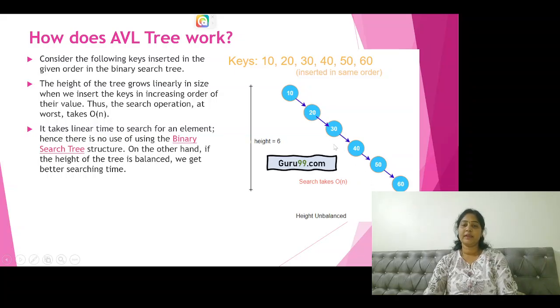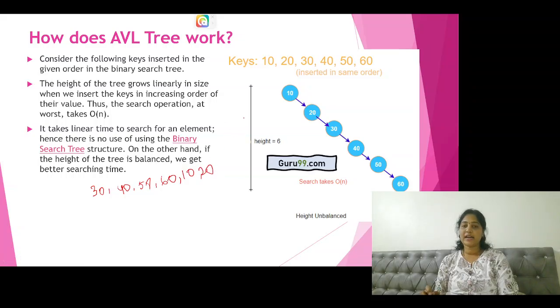Let's say you change the order of the elements: 30, 40, 50, 60, 10, 20.